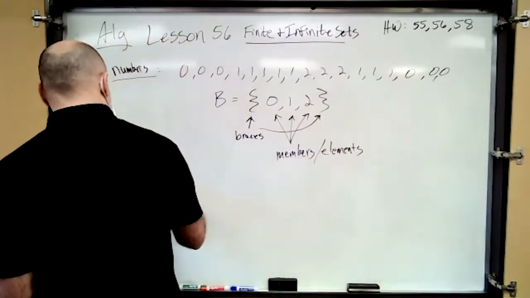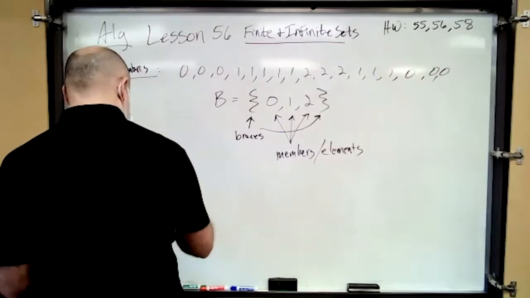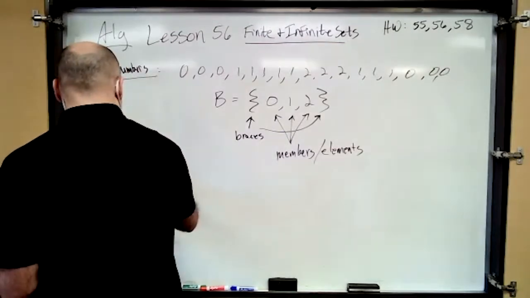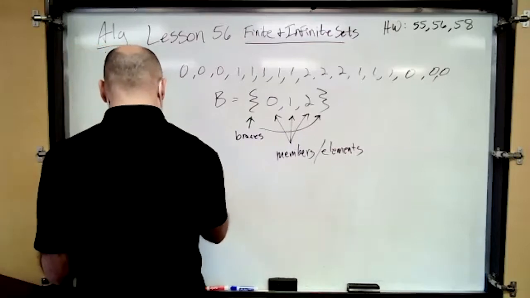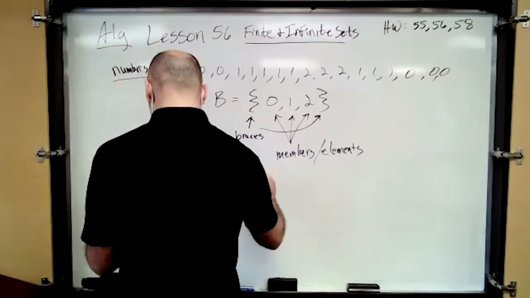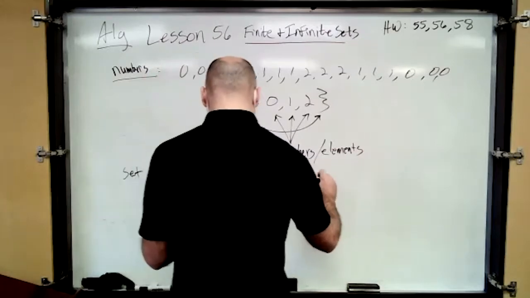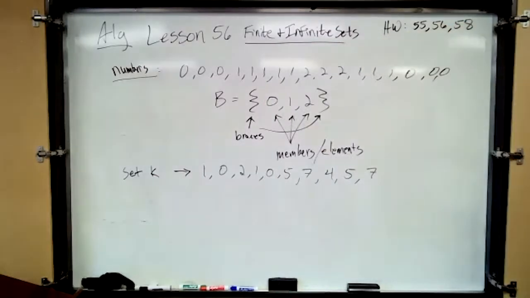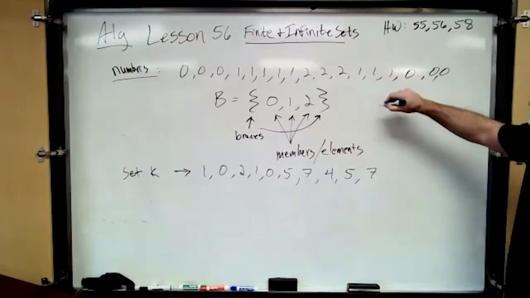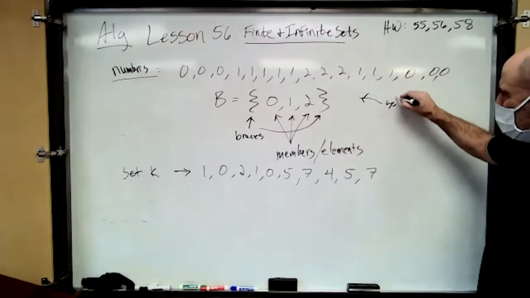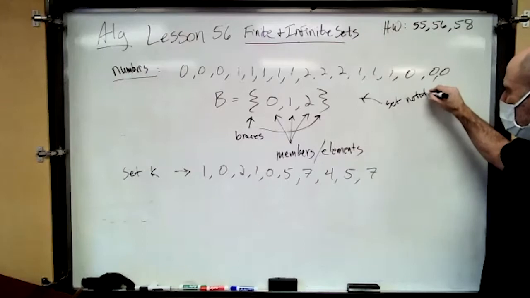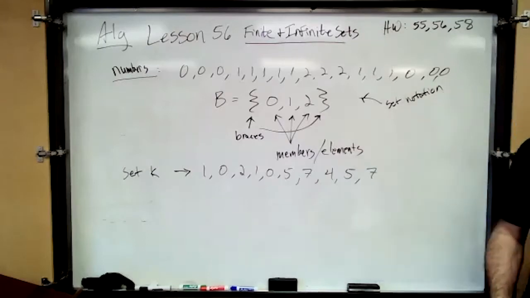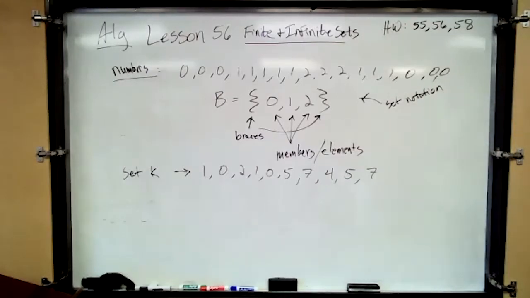So you're going to have this on one of your tests coming up, but then you probably have this in your homework. So set K is 1, 0, 2, 1, 0, 5, 7, 4, 5, 7. So I want you to represent set K in set notation. So this is called set notation. So give me the set K in set notation. So K equals brace. What's in the set?